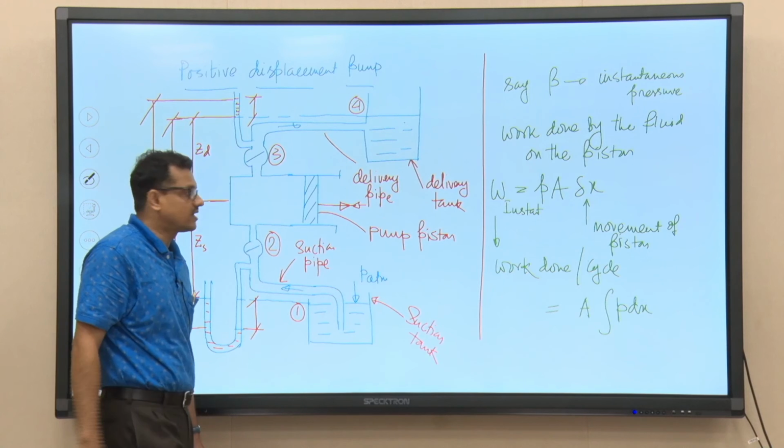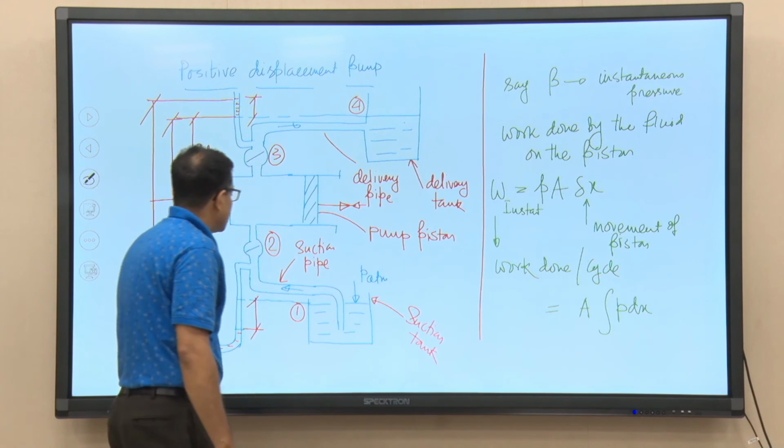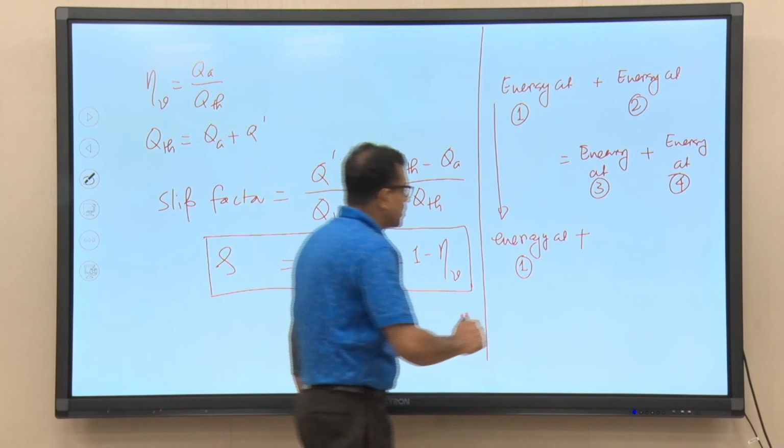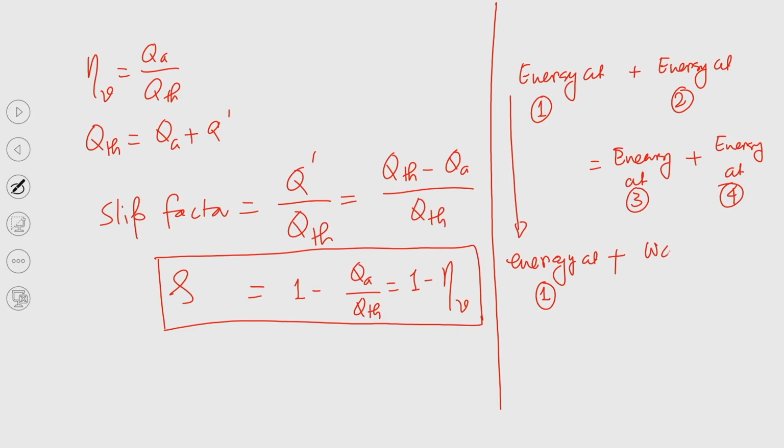We shall be doing that, but for the time being, we can write energy at point 1 plus work done by the pump equal to energy at point 4 plus losses. This is a very simplified analysis.